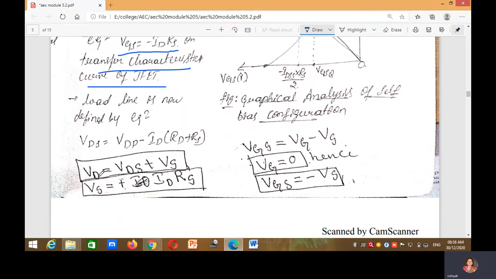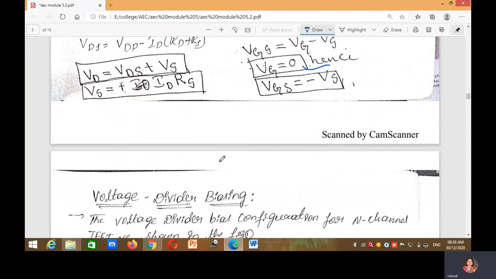VD is equal to VDS plus VS. VS is equal to plus ID into RS. VGS is equal to VG minus VS. When VG is equal to 0, what do we get? VGS is equal to minus VS.